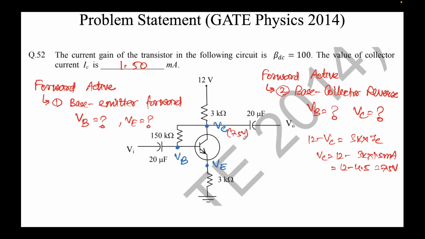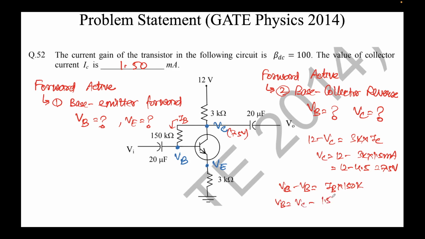Okay, now let's obtain VB. How do we obtain VB? If we apply Ohm's law across this 150 kilo ohm resistor, note that the current flowing here is IB. So I can write VC minus VB equal to IB times 150k. From that I get VB equal to VC minus IB times 150k, where IB is IC over beta.